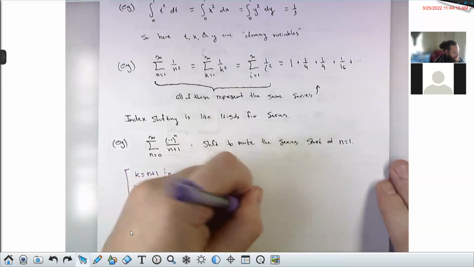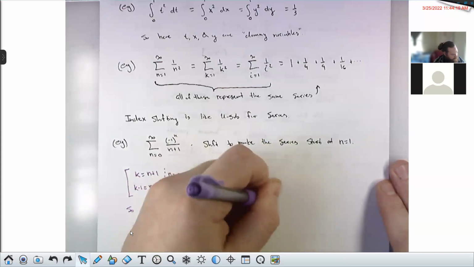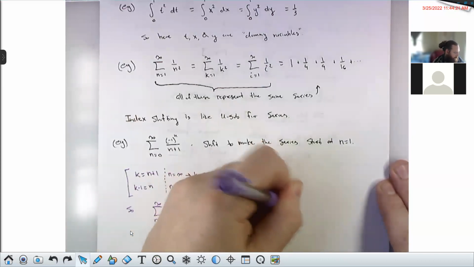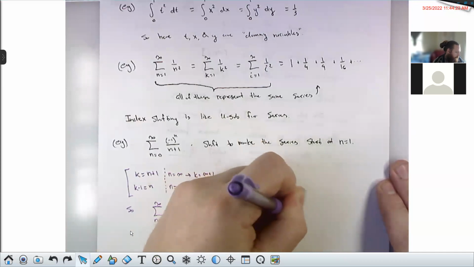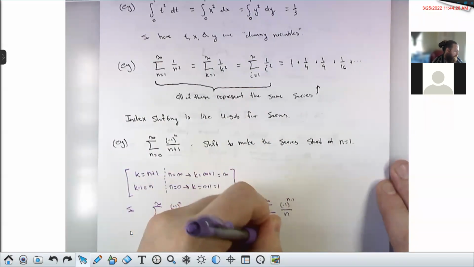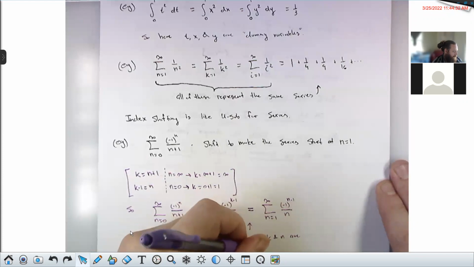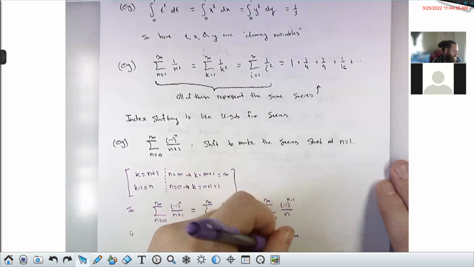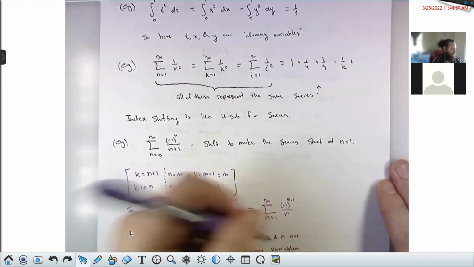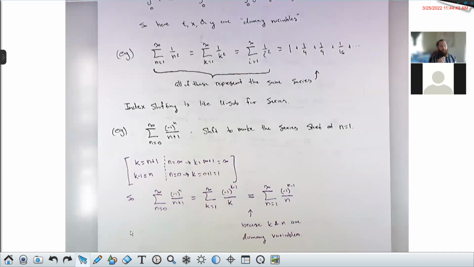I could just call this sigma n from 1 to infinity, negative 1 to the n minus 1 over n, because k and n are dummy variables. So that's it. I shifted the series to start at n equals 1.